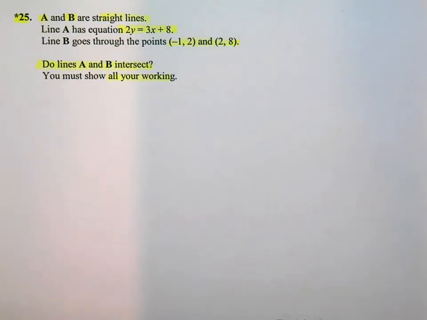They want me to show all my workings, and effectively they want me to say whether these two lines A and B intersect. Do they meet? Now, lines meet depending on their gradients. If the gradients of the lines are the same, they are parallel, and so they never meet.